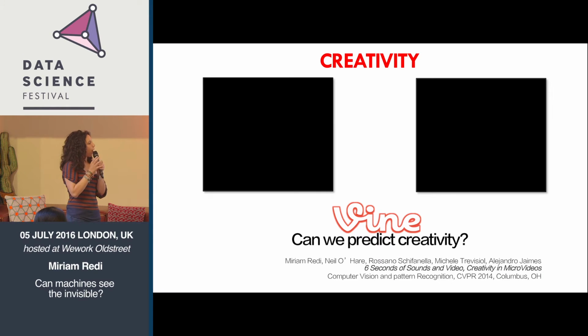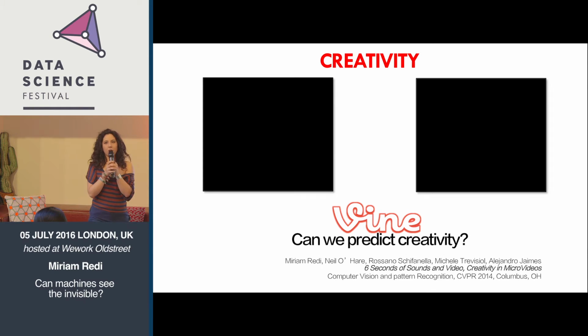And to explore this new notion, we focused on a specific online platform called Vine. You might know Vine. Vine is a platform that was acquired by Twitter 3.5 years ago, and that allows users to create and share videos with a maximum length of 6 seconds.